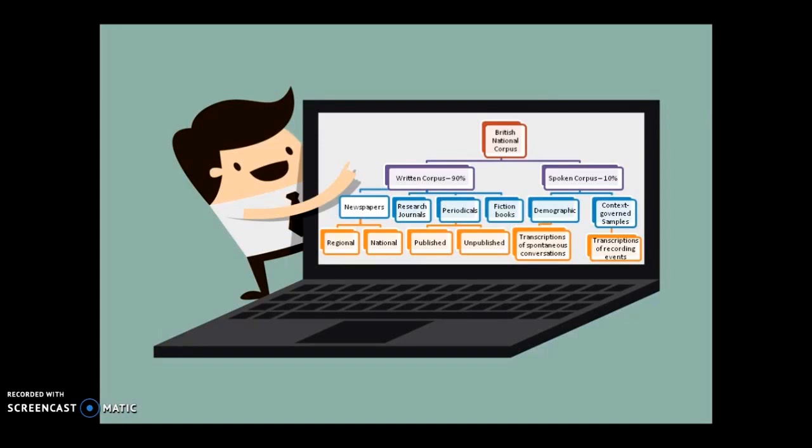These samples were extracted from regional and national newspapers, published research journals or periodicals from various academic fields, fiction and non-fiction books, and other published and unpublished materials. The remaining 10% of the BNC is samples of spoken language use. The spoken corpus consists of two parts: one part is demographic and another is context-governed.